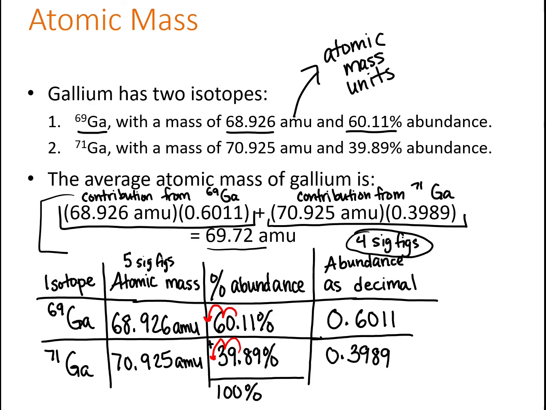The only way that this can become more complicated is if you have more isotopes or if one of the percentages is not included for the abundance, and you have to do the math to figure out what its percent abundance is before you can move on and calculate the average atomic mass. We will do practice for these in class, so don't you worry. But these are the basics.